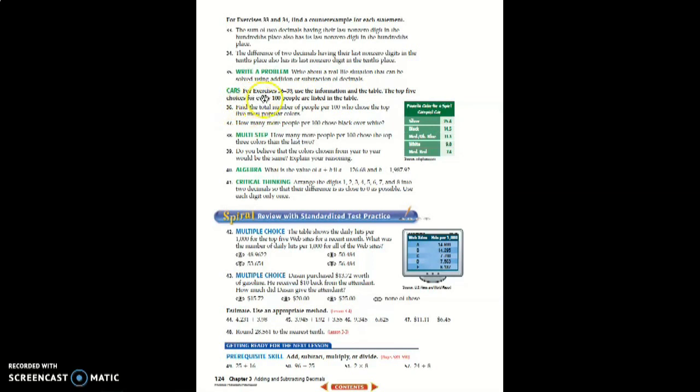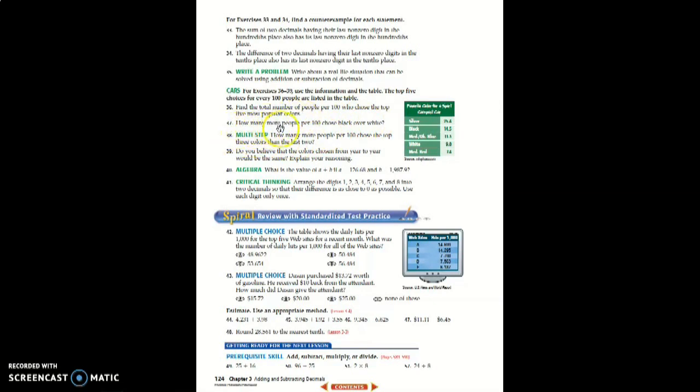Cars. For exercises 36 to 39, use the information in the table. The top 5 color choices for every 100 people are listed in the table. 36. Find the total number of people per 100 who chose the top 5 most popular colors. 37.